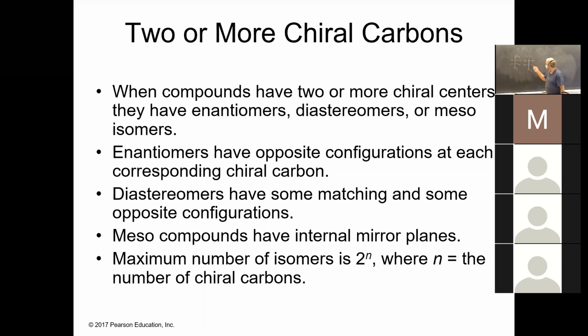In this example right here, if I switch one but not the other, it turns out that this diastereomer is in fact a meso. So in this case, we have fewer than 4. We only have 3 stereoisomers because one of them has a plane of symmetry. So 4 is the maximum. And each time you add a stereocenter, you double the number of possible stereoisomers.